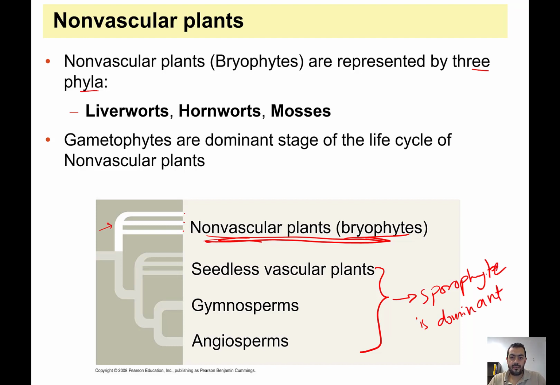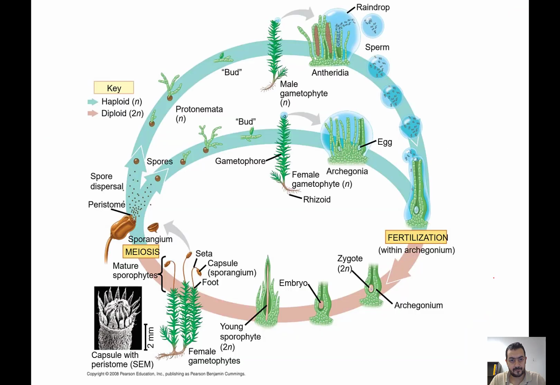If you think of any vascular plant like a tree, the majority of the tree and the part you see doing photosynthesis represents the sporophyte. But this is different in the non-vascular plants like the mosses, because the gametophyte is the dominant stage.